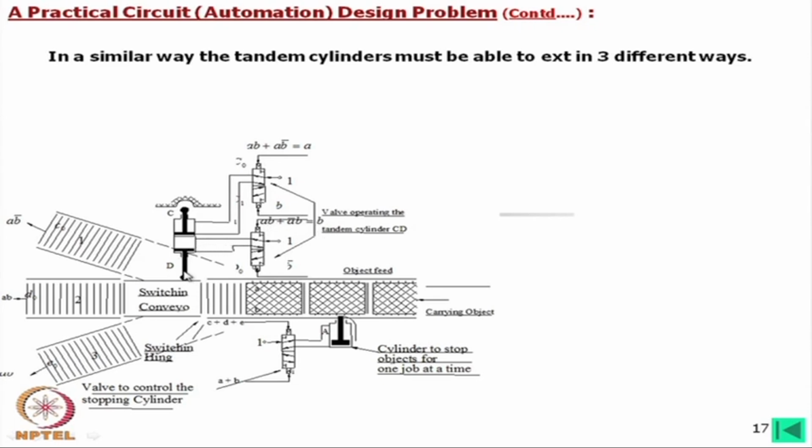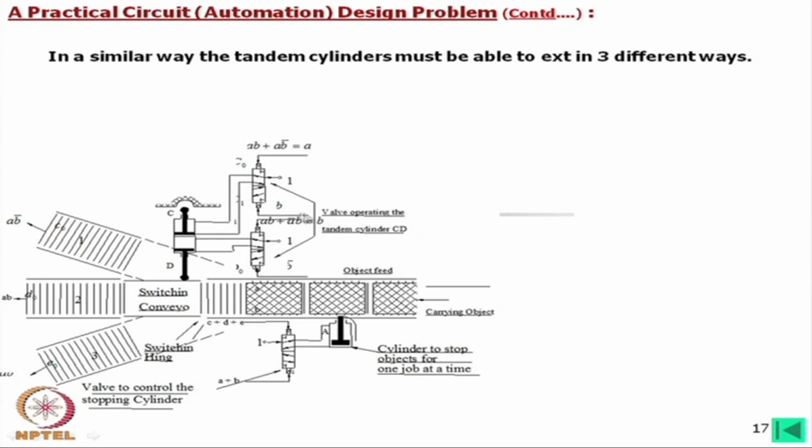So, that means we are getting a not fully extended position: this side extended and this side not extended. So, this is the middle position only, and when this is retracted and this is also retracted, then we are getting this position. Whereas, if these two cylinders are fully extended, only then are we getting this position.